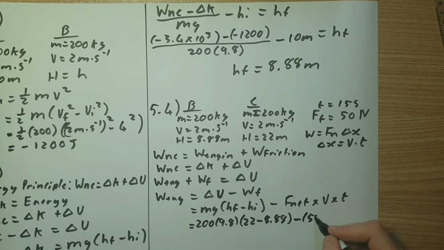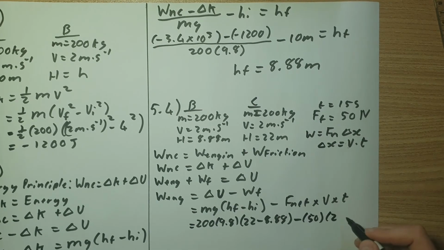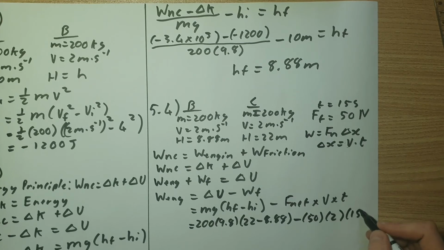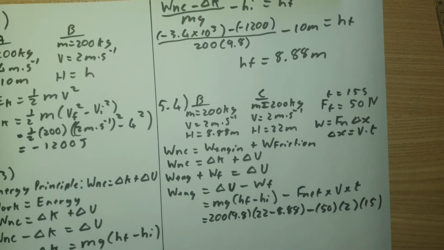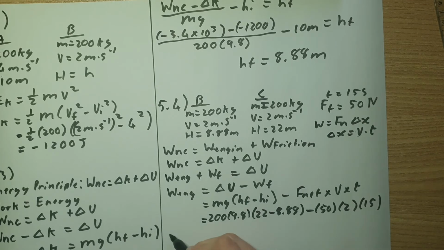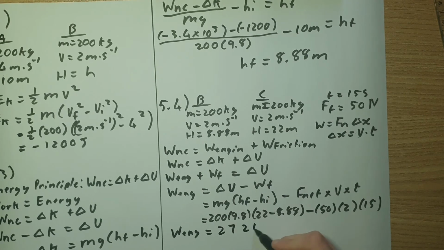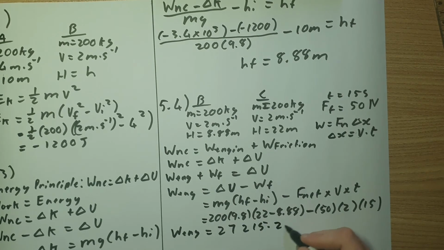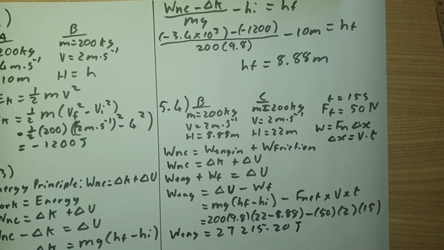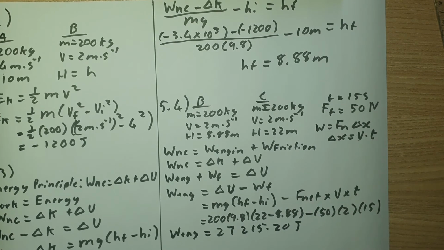So that's 50, 2 meters per second, and 15 seconds. If you put that into your calculator, you should get a total work of the engine of 27,215.20 joules.